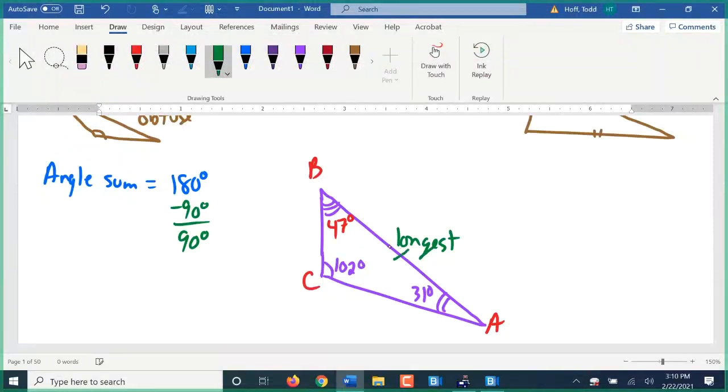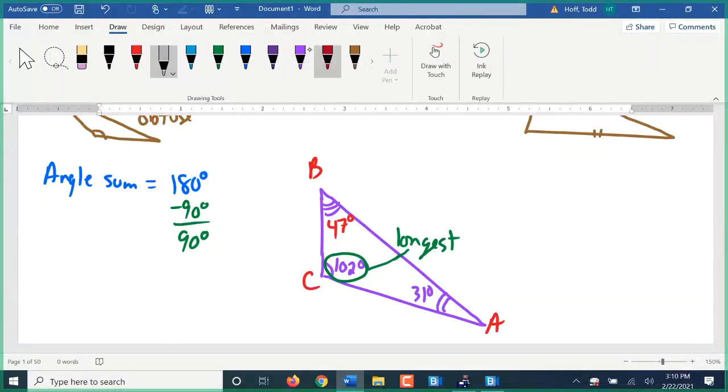Well, it looks like it is, yes. But the longest side will always be opposite or across from the largest angle. So 102 is the biggest angle. The biggest side has to be the side across from it. By opposite side, I mean the side that doesn't touch the angle. These other two sides here touch that angle. The other side is the opposite side.